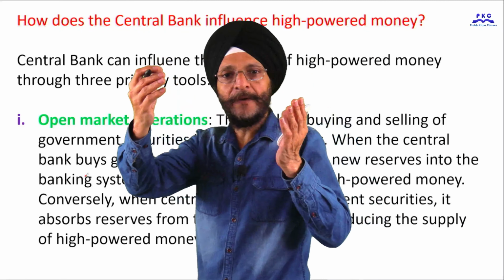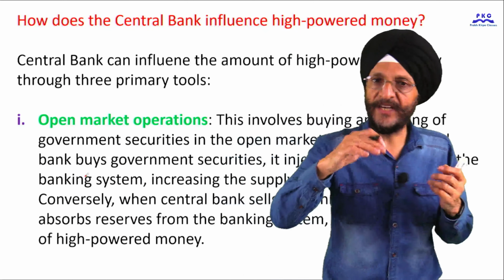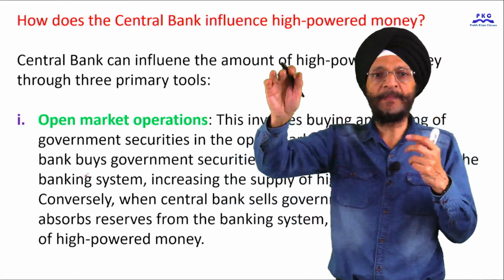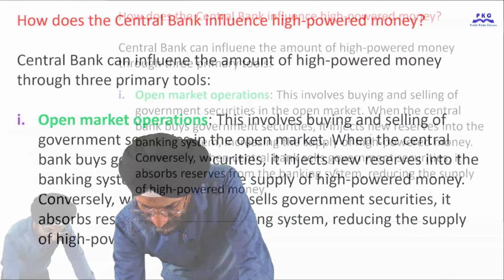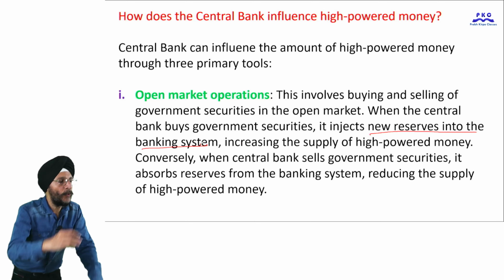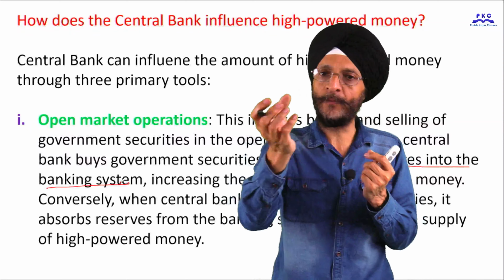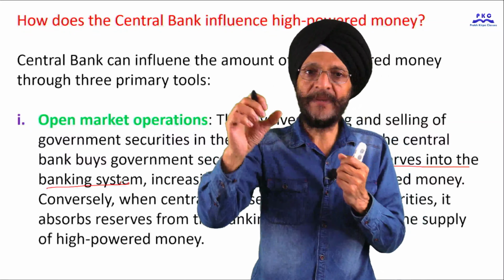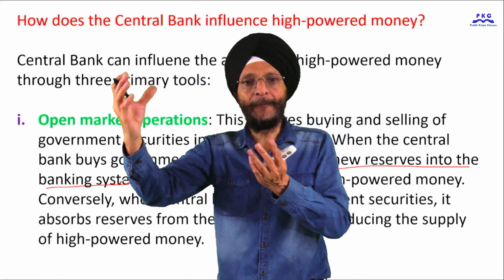When the central bank purchases the government securities, in return it makes the payments, it injects new reserves into the banking system, because when the central bank buys securities, it has to make the payment, and when it makes the payments, new reserves come into the banking system.